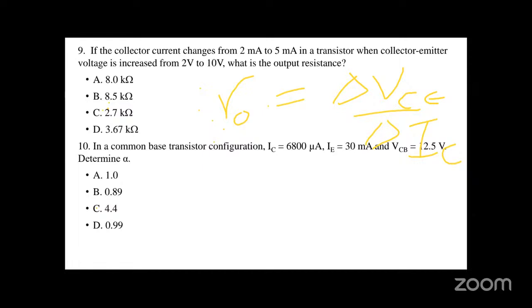The change in the voltage will be 10 minus 2, which is 8. So r naught is equal to 10 minus 2, which is equal to 8.